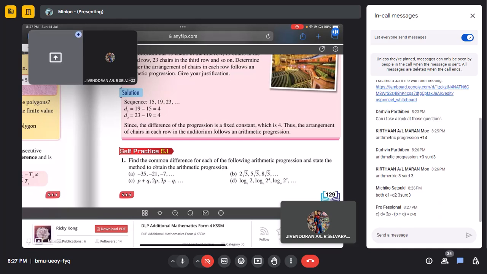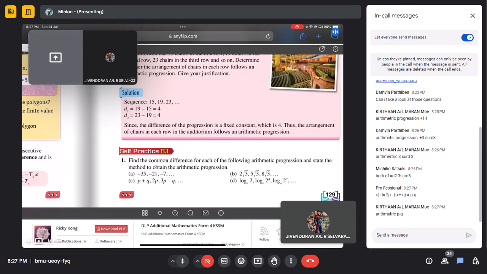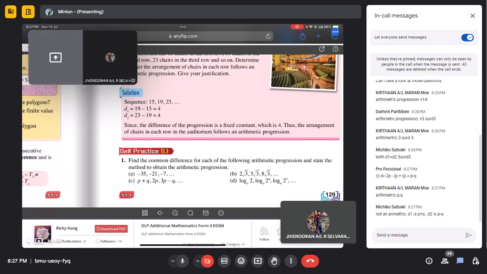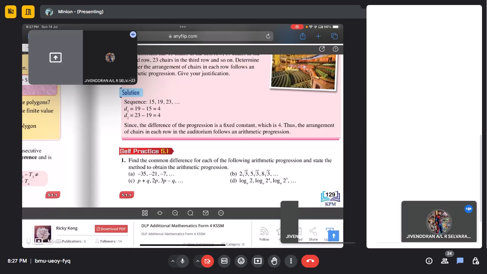If you want the working, you can put it in the chat box. It's really important. Okay, some said arithmetic, some said not arithmetic. Okay, let's see.